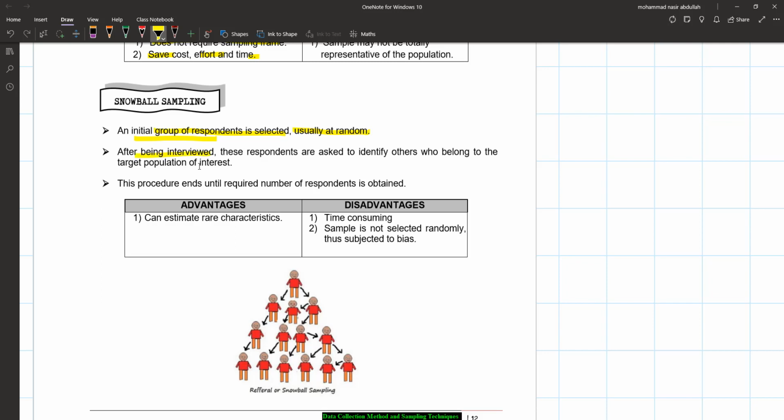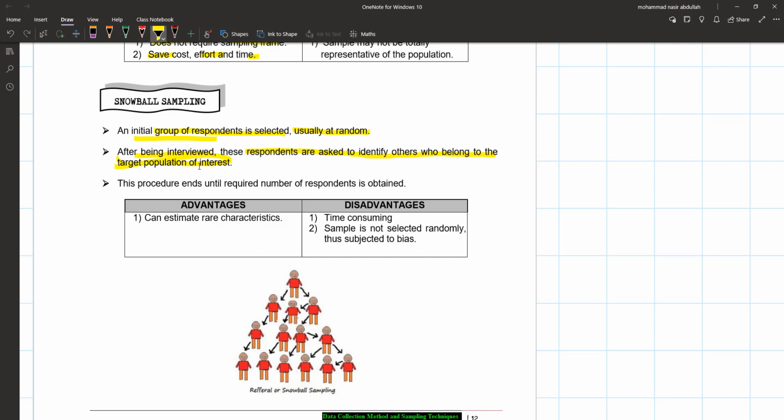So after being interviewed, these respondents are asked to identify others who belong to the target population based on their recommendation lah. Maksudnya I go and find one respondent, ask about, let's say, dia pakai one type of car lah, contoh let's say Honda. So dia tanya lagi siapa yang dalam member yang kenal menggunakan brand yang sama. Right? So dia akan based on recommendation of the respondent.